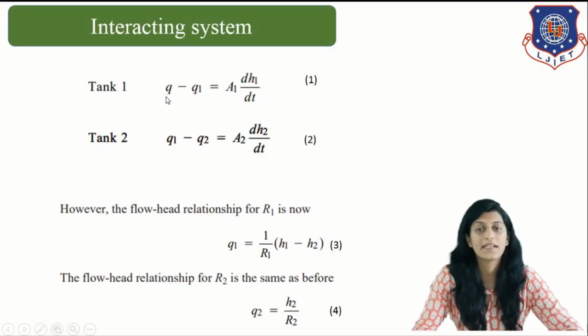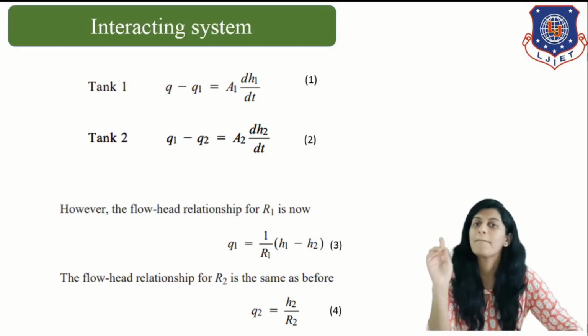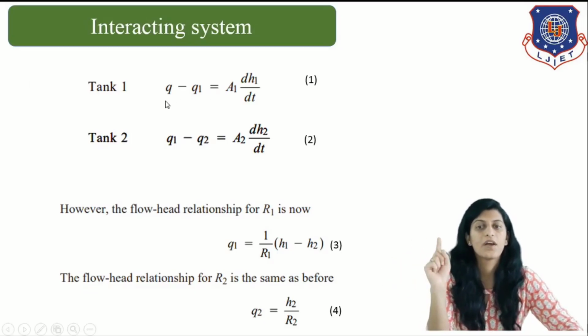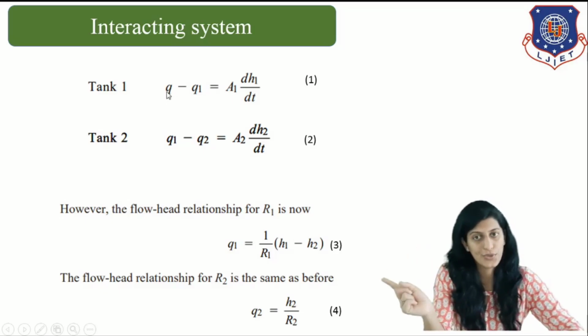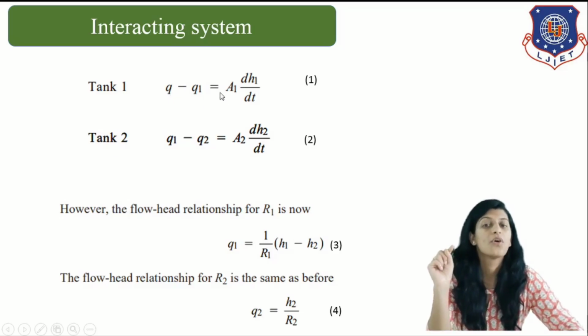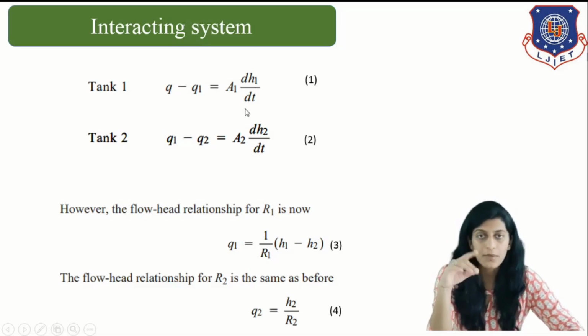So when we are doing the derivation for the first tank, what we need to do is mass balance, or volumetric balance. So it will be Q minus Q1, inlet which is Q minus outlet which is Q1, equals to, this is volume, so we need to do the volume balance, right. So area into height will give us the volume, so it is A1 dH1 by dt. This is the accumulation term.